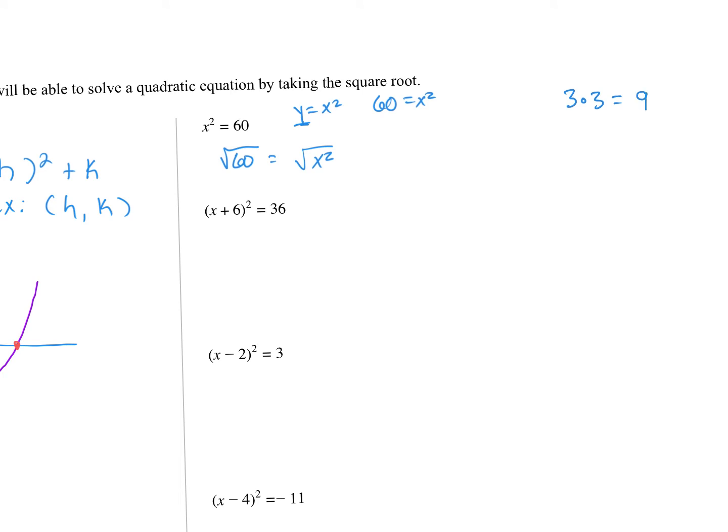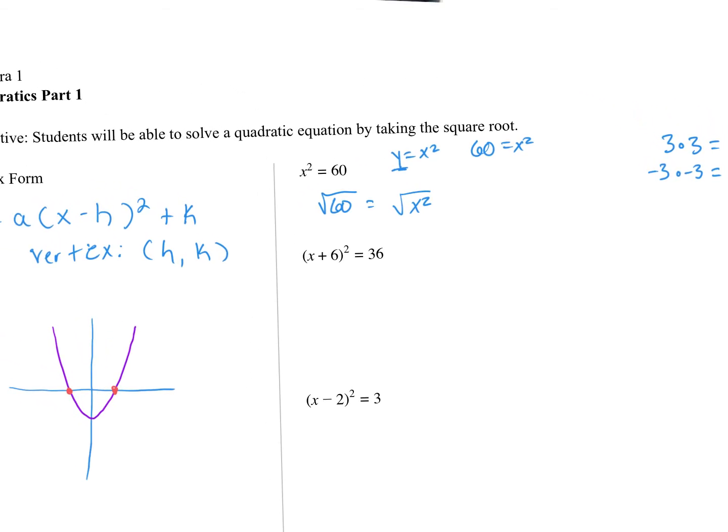But if you also take negative 3 times negative 3, that also equals positive 9, because a negative times a negative makes a positive. So when we take a square root, we don't have one answer. We actually technically have two answers. We have a positive and a negative answer.